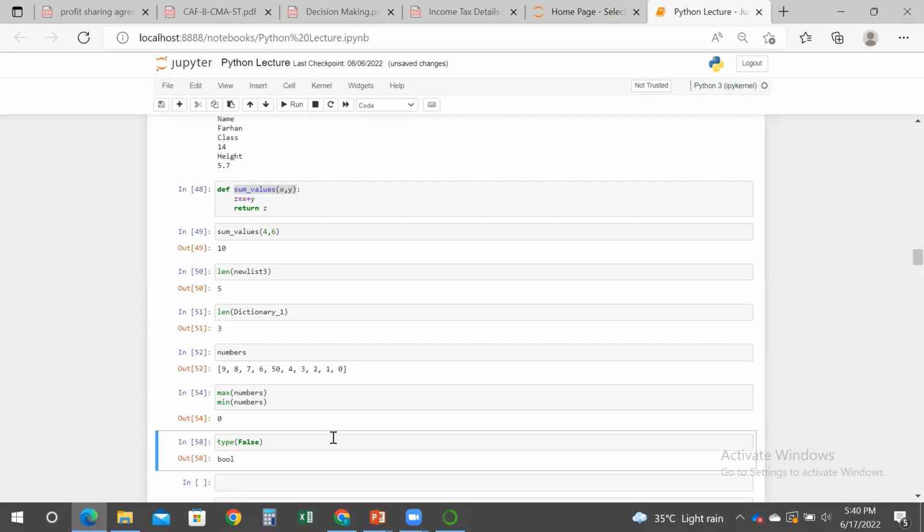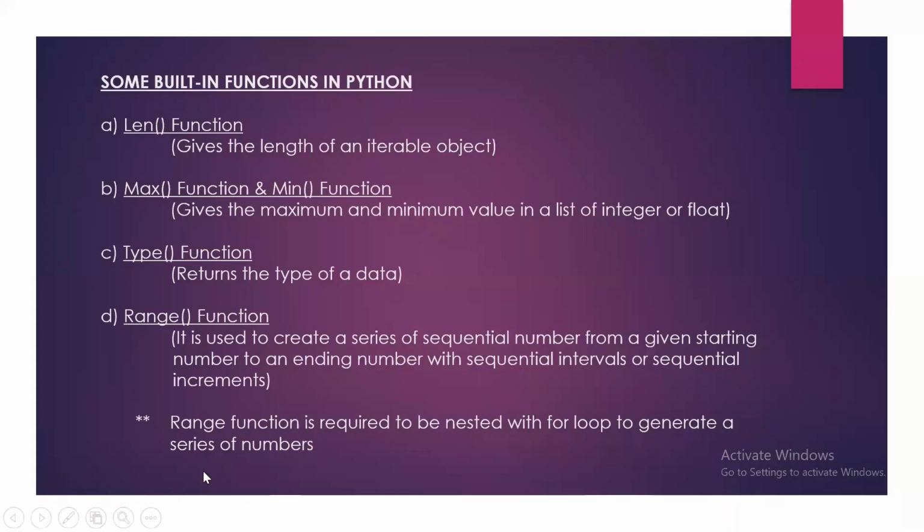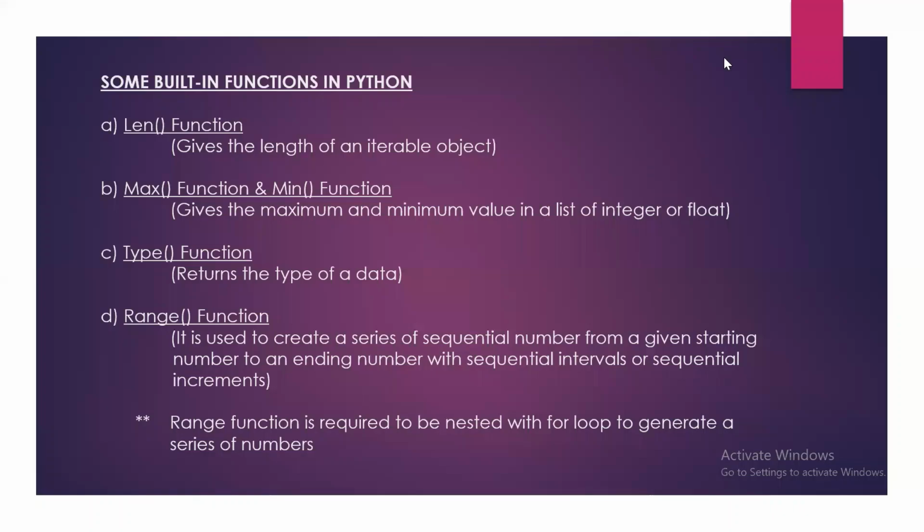So this was the type function, and the other function is the range function. The range function is used to create a series of sequential numbers from a given starting number to an ending number with a sequential interval or increment.